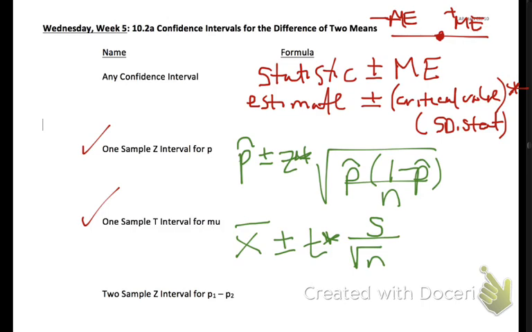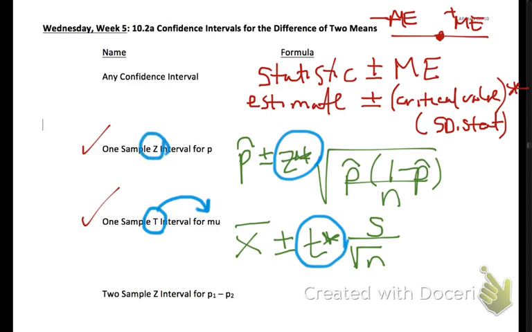So here we have P hat plus or minus Z star times the square root of P hat times 1 minus P hat over N. Remember Z star, we use inverse norm to find that critical value, whereas the next formula, the T star, we use inverse T. The T intervals go with quantitative data, which use means, and Z critical values go with categorical data, which is using proportions.